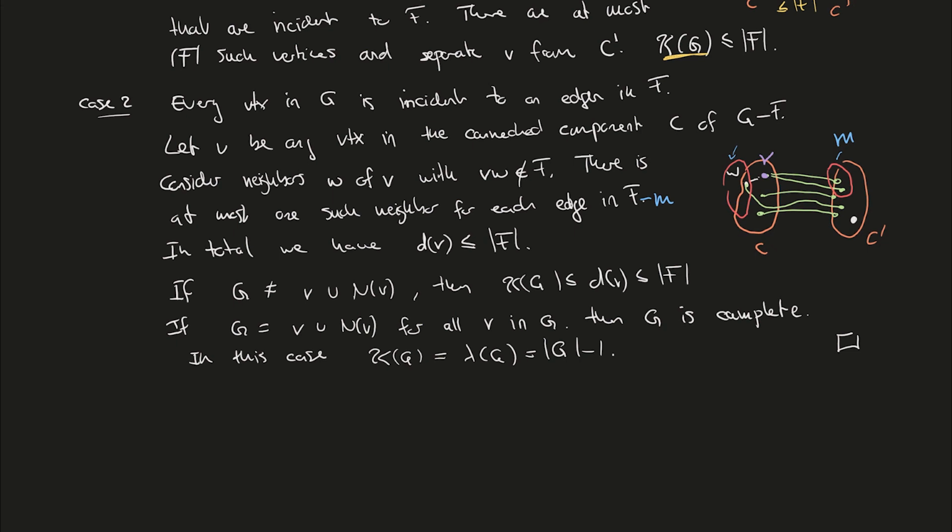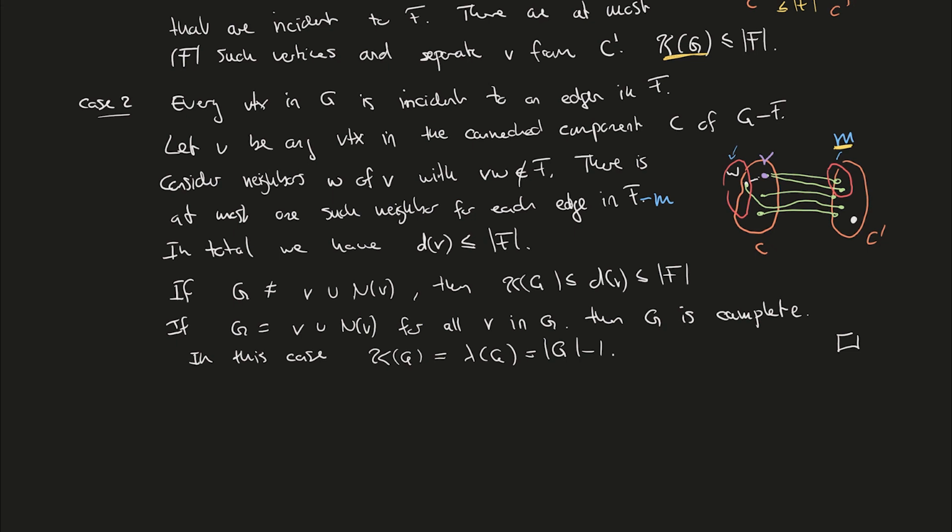We know that V has to have at least one neighbor that is connected via some edge in F, because there's an edge in F incident to V. But by the minimality of F, these neighbors connected via edges in F have to live in some other connected component C prime. And let's say there are M of these neighbors.